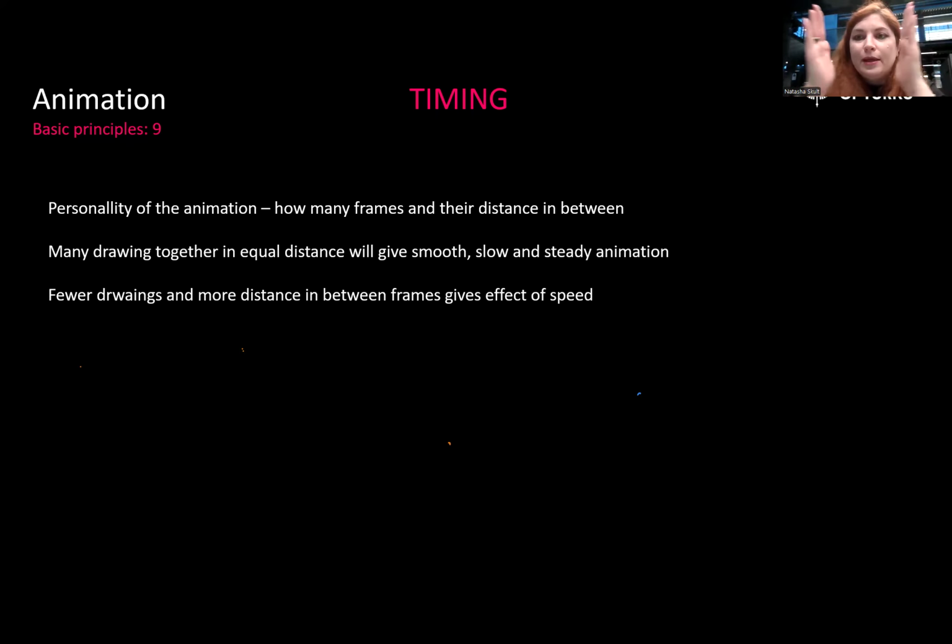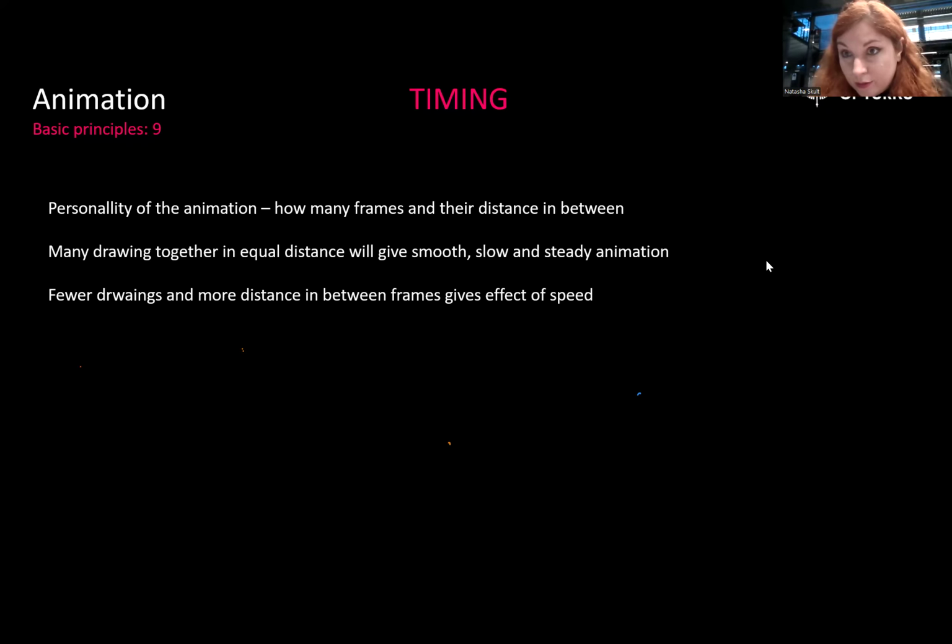So even with the existing frames, you just change the placement, the space in between, and by combining some closer, some further away, you can give this timing more character, more charisma to the objects that you work with.